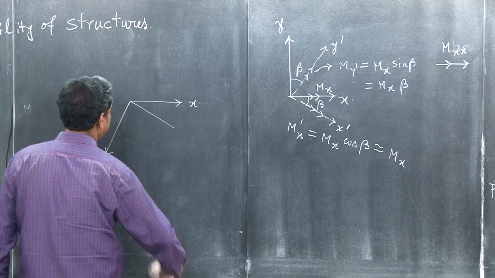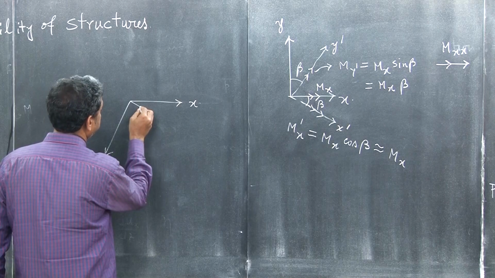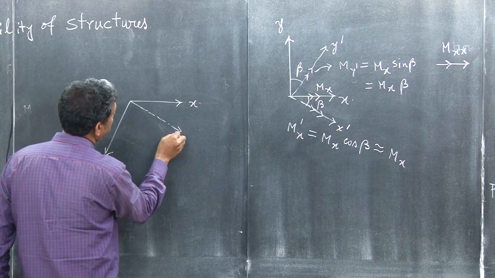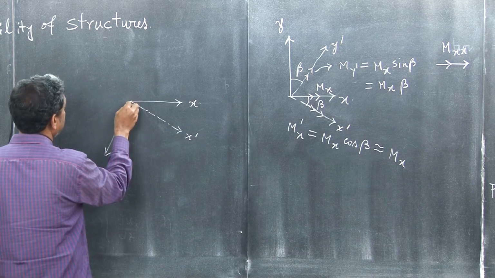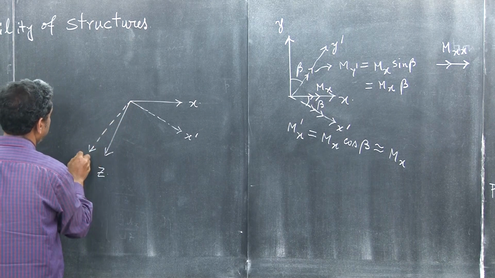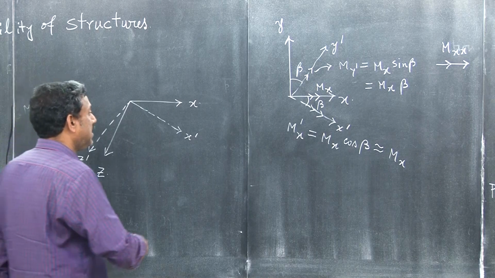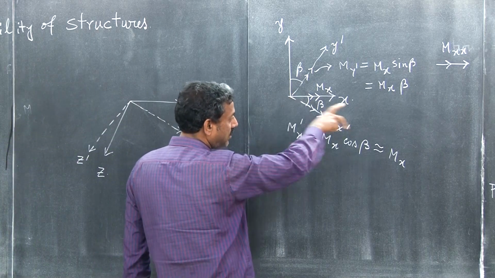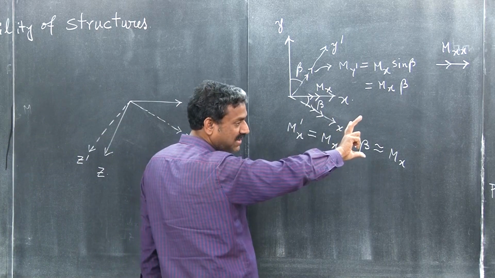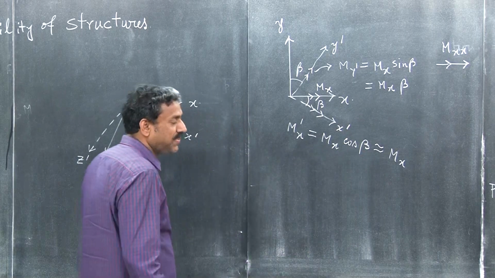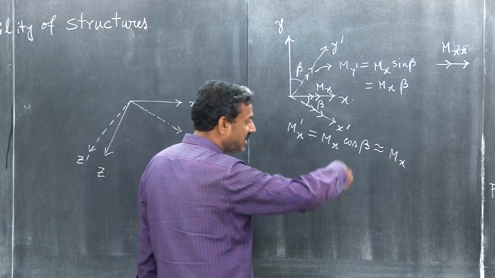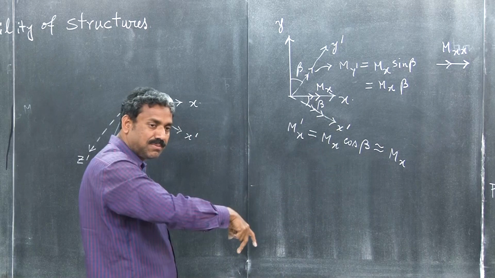I am going to consider this one to be x dot, and here it is going to come, it is z dot. Now, see this, on the vertical plane the section is undergoing twist, right? But here in the xz plane, this is going to be lateral bending.